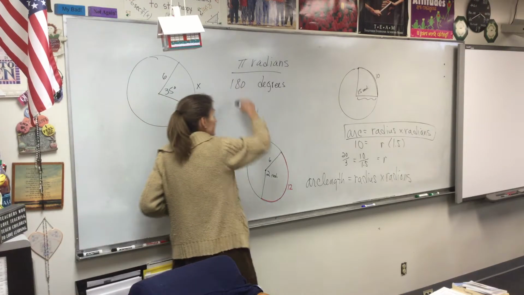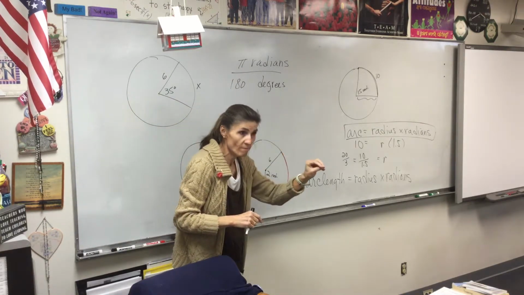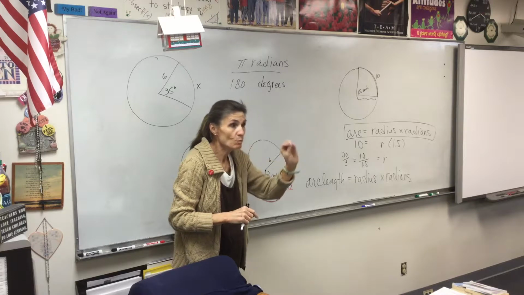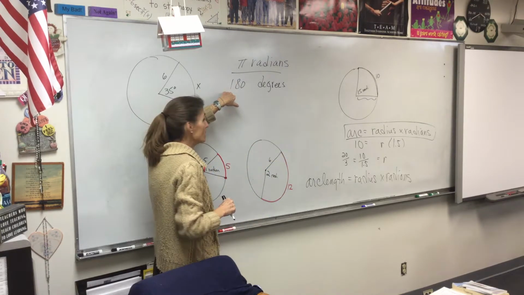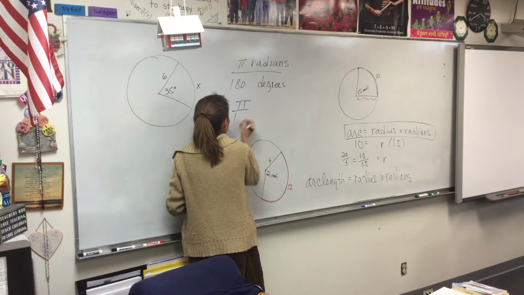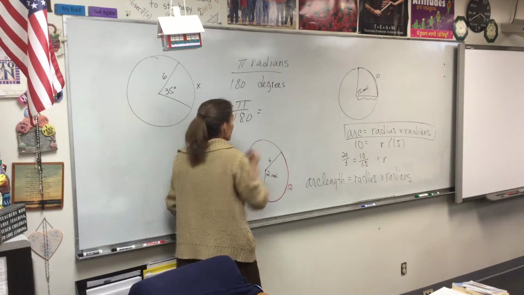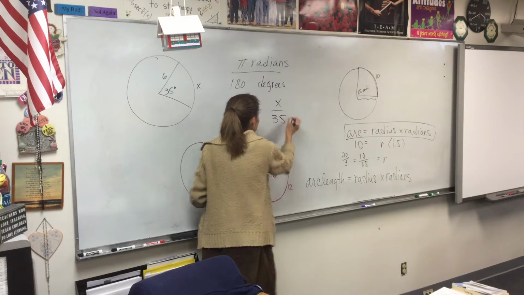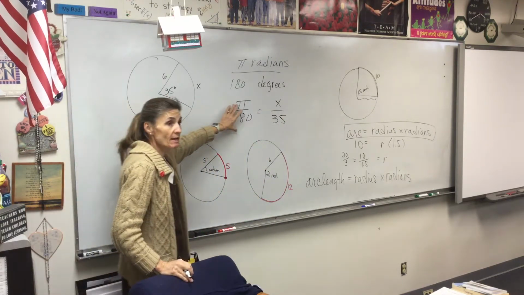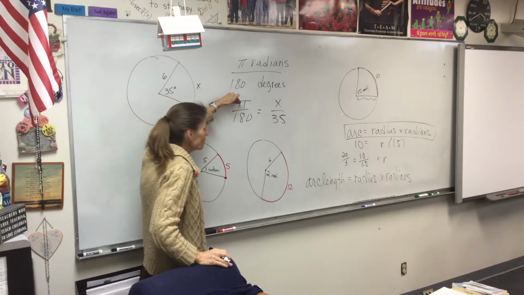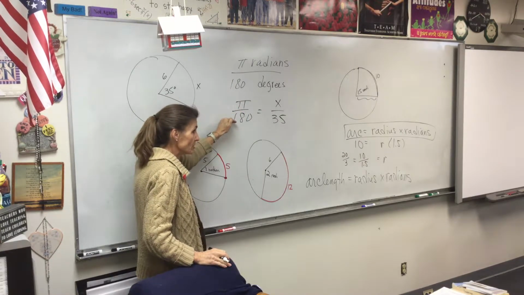So this is fact. This is like 12 inches in 1 foot, 3 feet in 1 yard. Pi radians is 180 degrees. So I know that pi is the same as 180. I want to know what's the same as 35. So I simply set up this proportion. Pi radians is 180 degrees, always.